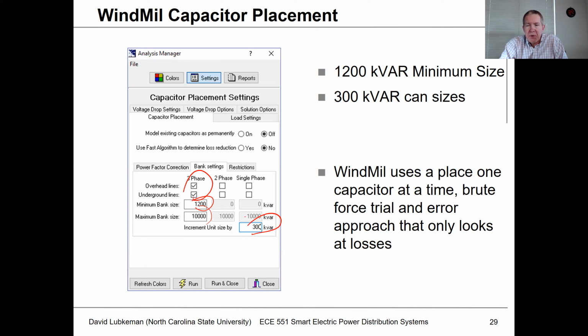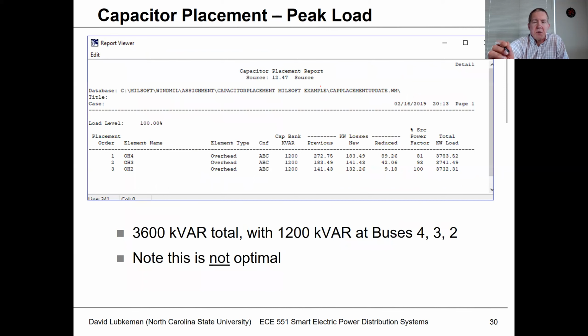In this particular case, if I need to do 3600 kVAR of compensation, I've got a 1200 kVAR size, and what the program would recommend is locations at buses 4, 3, and 2, which is not really the optimal, actually.